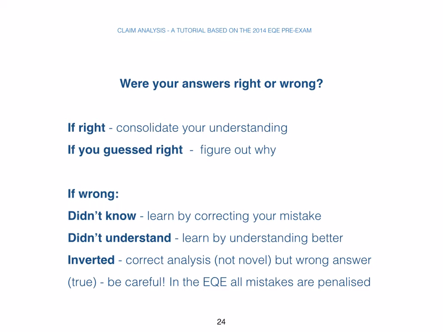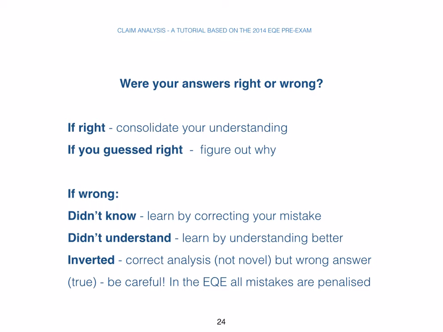If right, consolidate your understanding by going through the examiner's explanations. If you got the answer right, but you were simply guessing, you didn't really know why it was right, the explanation should help you to figure out why your answer was right and to understand better.